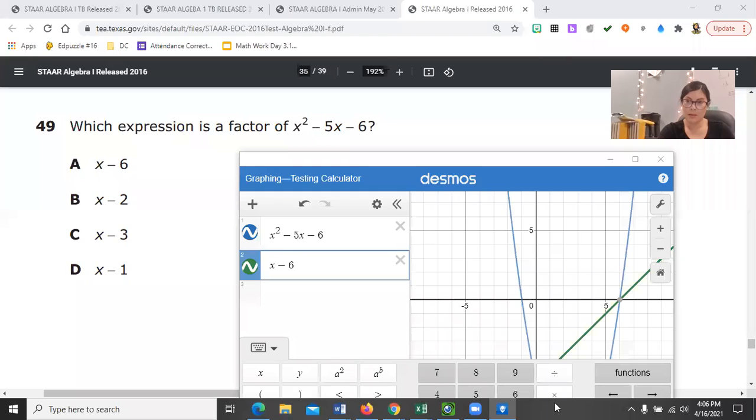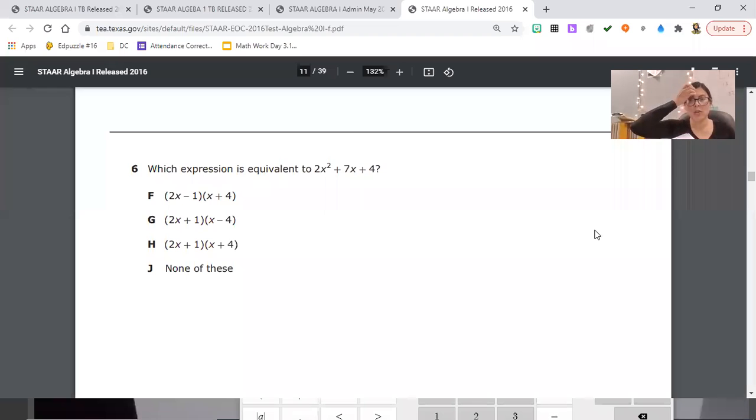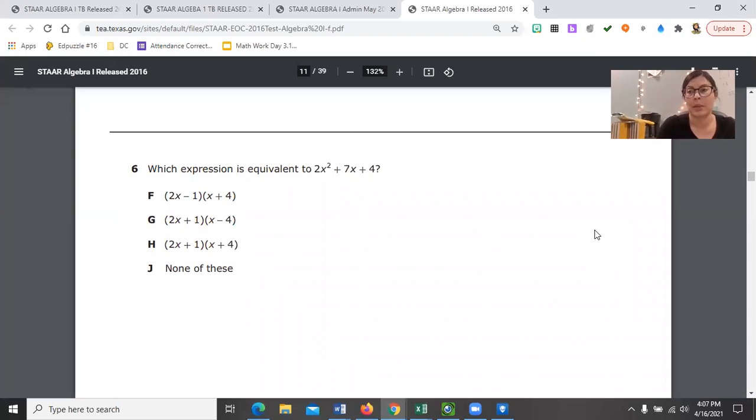I need to pause the video. All right, so you do this one. Tell me which ones are the factors for this one. Same way I showed you, put them in the graphing calculator. Put the first one in the graphing calculator, put the next one in the calculator, and see which one. This one has two of them, so they both have to cross through the hearts. And the hearts go through the x-axis. So try it.